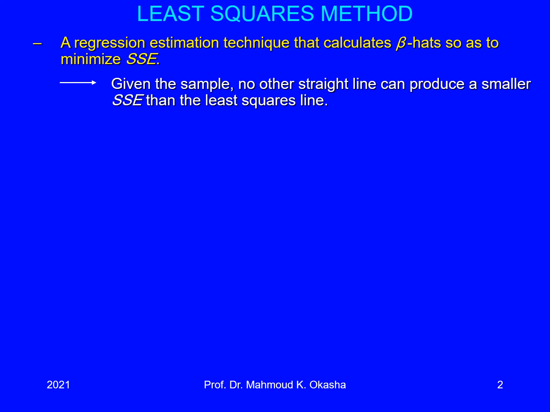Given the sample, no other straight line can produce a smaller SSE than the least squares line. This is because we find the beta naught and beta 1 that make the SSE the minimum, the least possible values.